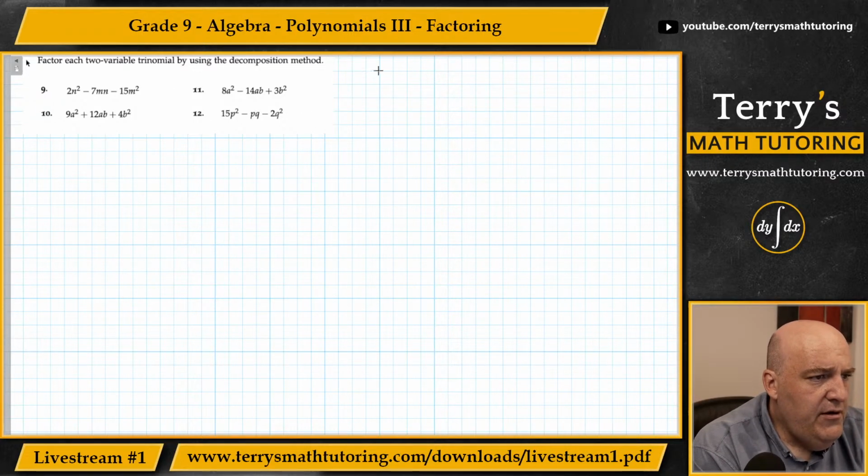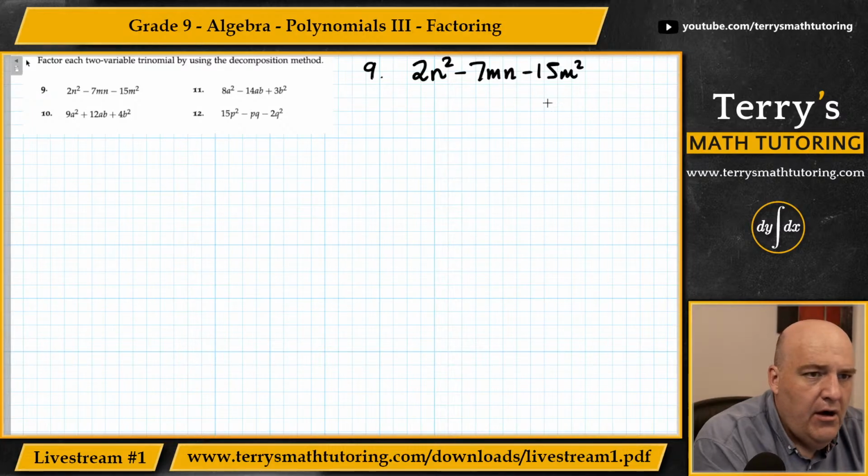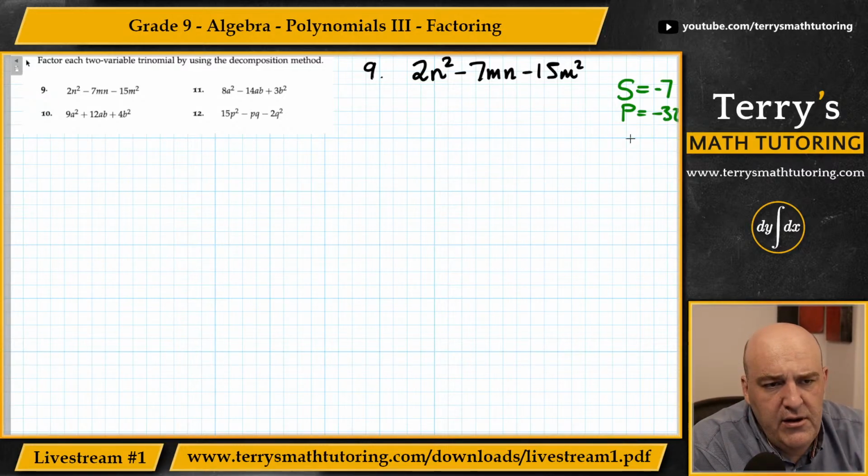So for number 9 here, notice the A is not equal to 1, so we need to use our sum product technique here. How about I just write S and P? S for sum, P for product. S is -7. The P is 2 times -15, which is -30. And that would be 3 and 10, right? And I would need to make my 10 negative.